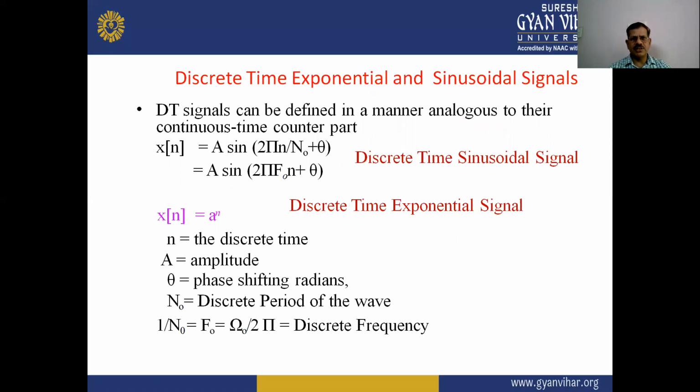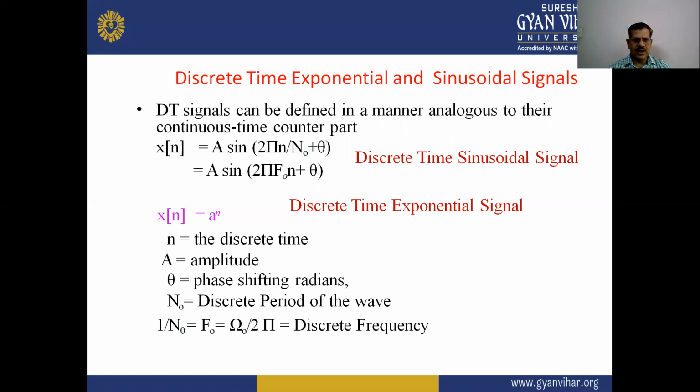Discrete time exponential and sinusoidal signals. DT signals can be defined in a manner analogous to their continuous time counterparts. So x[n] equal to A sine(2 pi n upon N0 plus theta), and also A sine(2 pi f0 n plus theta). This is the discrete time sinusoidal signal. And x[n] equal to alpha to the power n is the discrete time exponential signal.